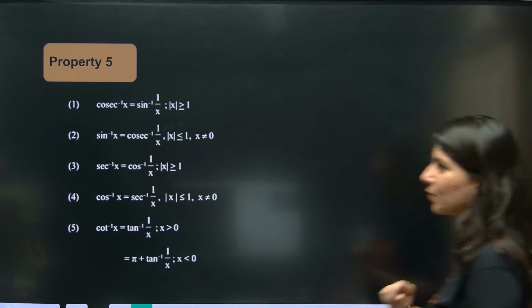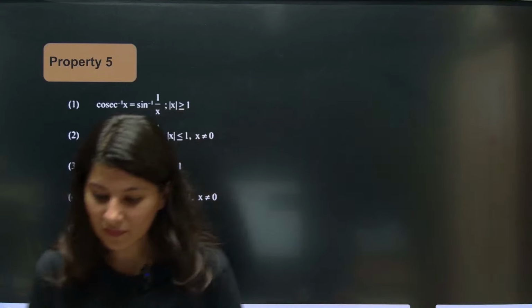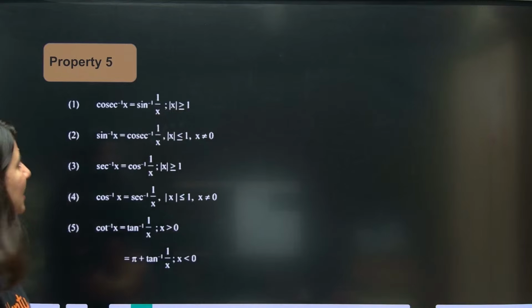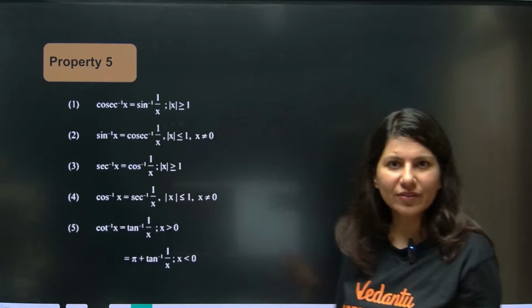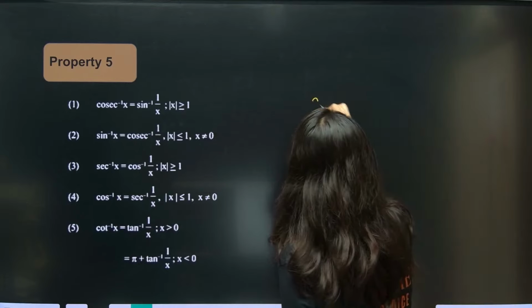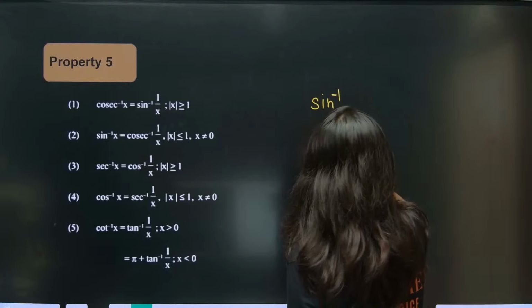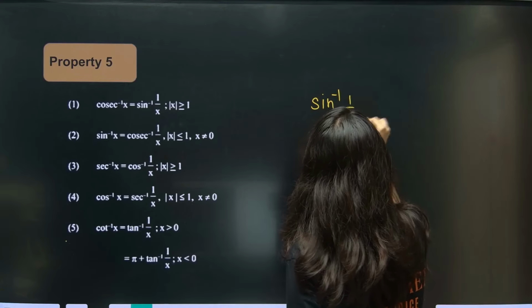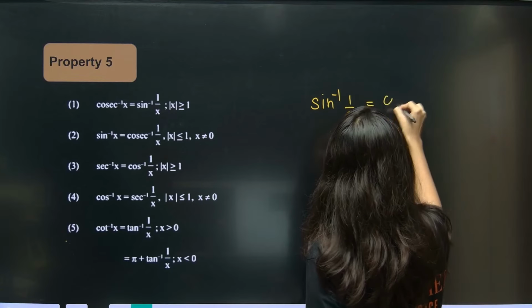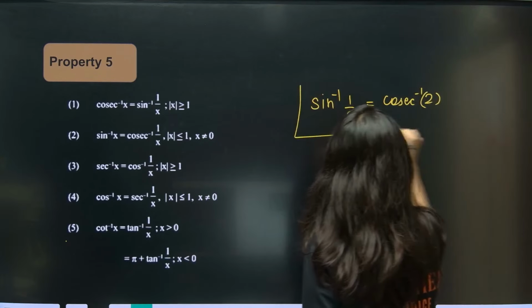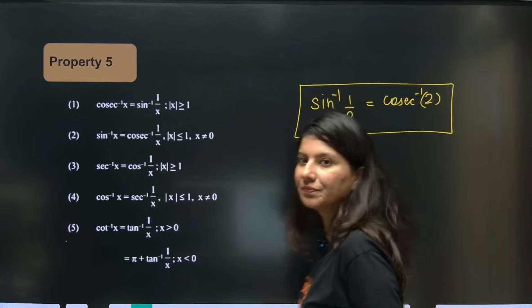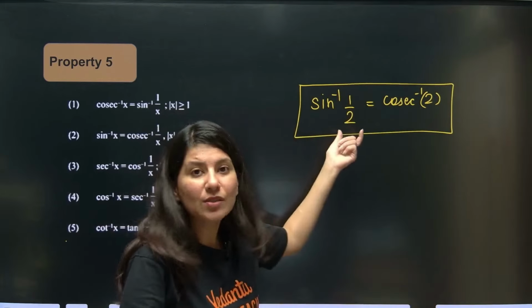We'll move towards property number 5 now. Property number 5 is actually quite intuitive. Tell me, if I have sine inverse 1 by 2, can I write cosec inverse 2 over here? Yes or no? Because inside sine inverse, what do you write?